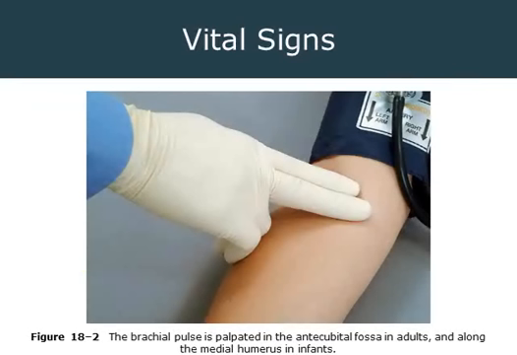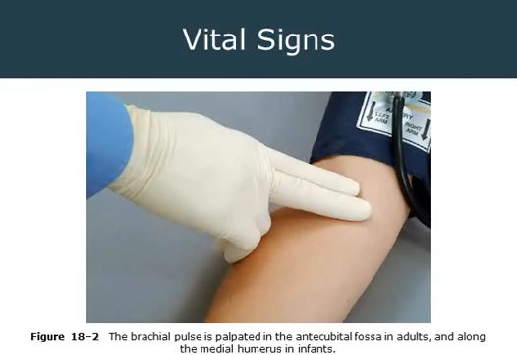So here they're checking a brachial pulse in the antecubital fossa. Technically, when you find that on the patient, that's where you should place your stethoscope when you check a blood pressure, right over where you feel the pulse.